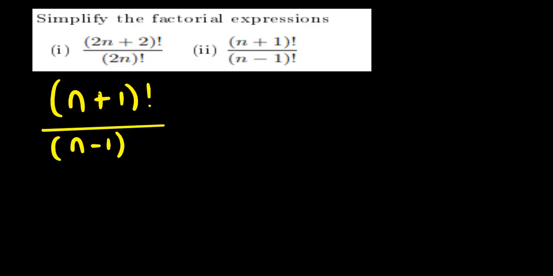The second one, we're saying n plus 1 factorial over n minus 1 factorial. So how are we going to solve this one? To the one on top, we're going to do the same, subtracting by 1.